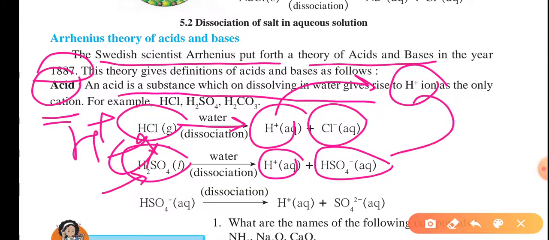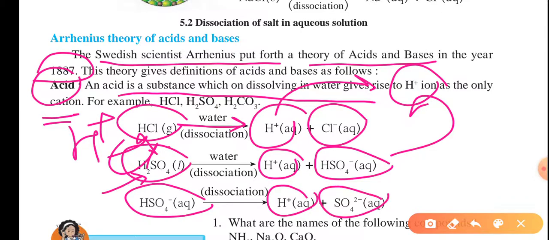So this is also an acid. HSO4- on further dissociation gives H+ ions and SO4 2- ions. So acid is a substance which gives only one cation, that is H+ ions.